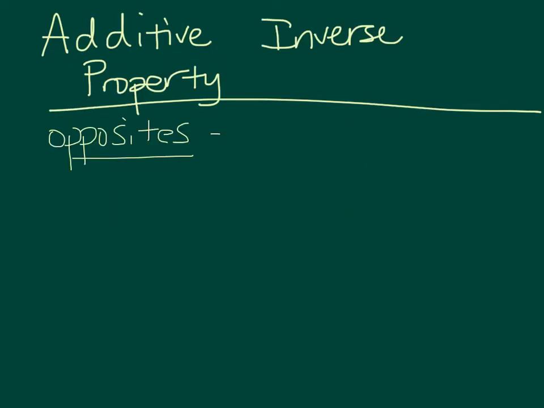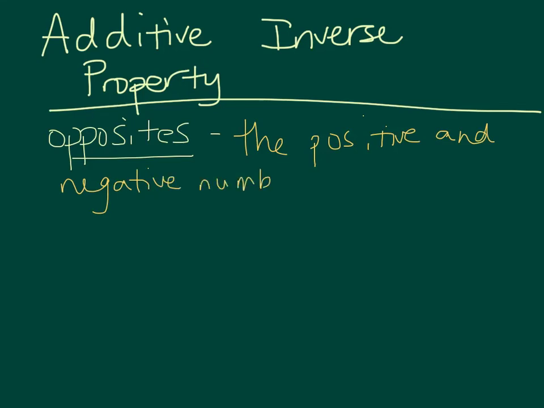All right, the last thing we're going to look at is the additive inverse property. So we're just going to get a few definitions in your notes. First thing we want to look at is what are opposites when we talk about numbers. Opposites are just the positive and negative numbers with the same absolute value.